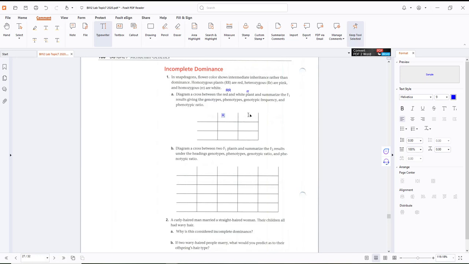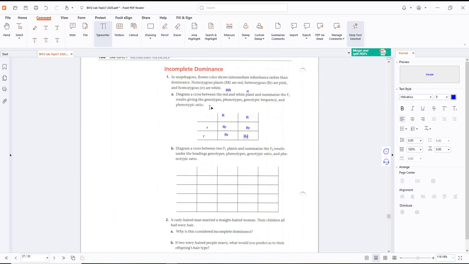So I'm going to do red, so big R, and little r stands for white. So we're crossing a white with a red, and we end up with big R, little r. But remember, big R, little r is not red, it is pink.